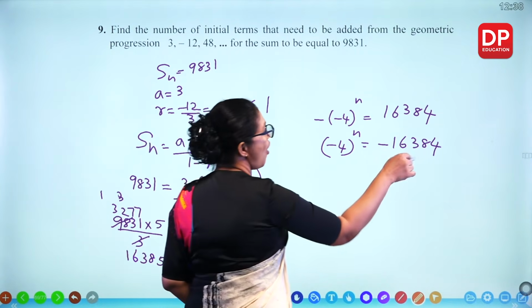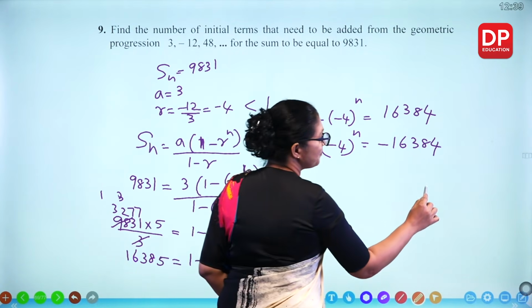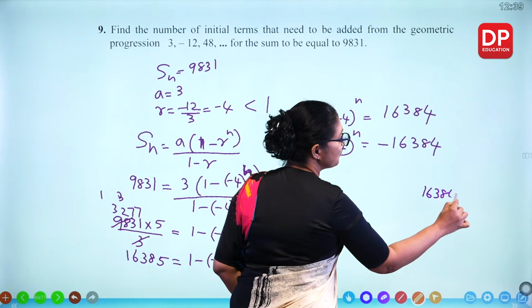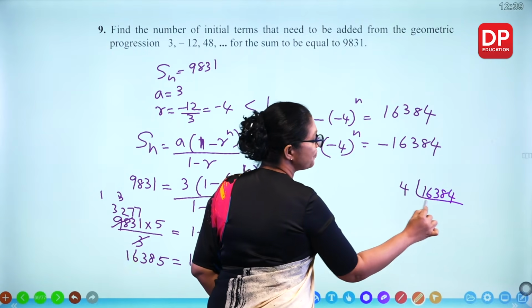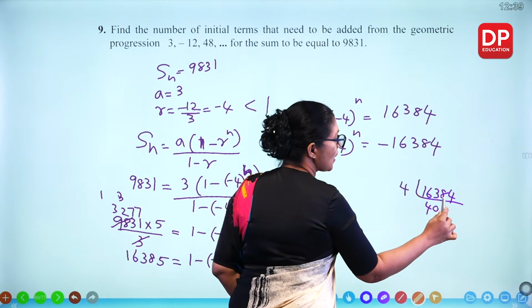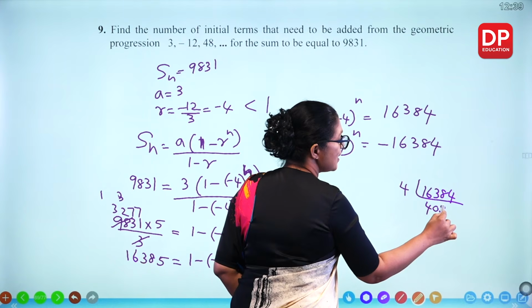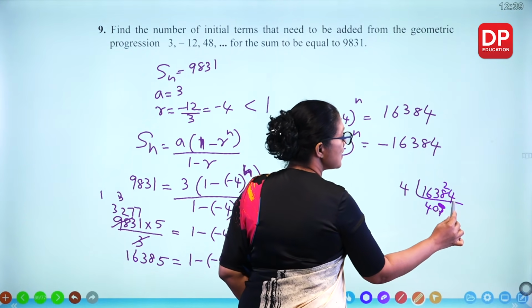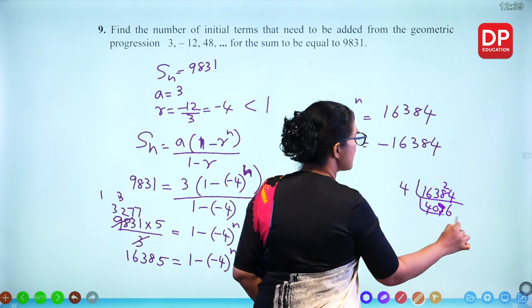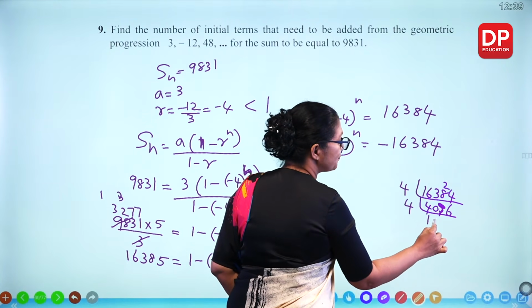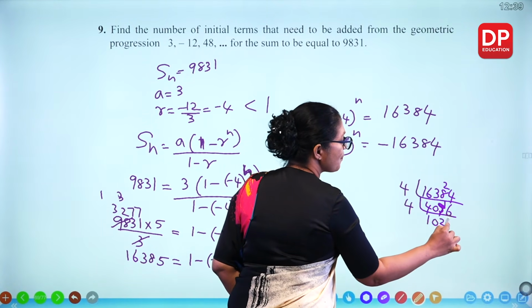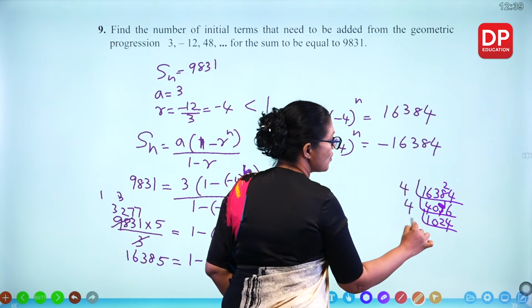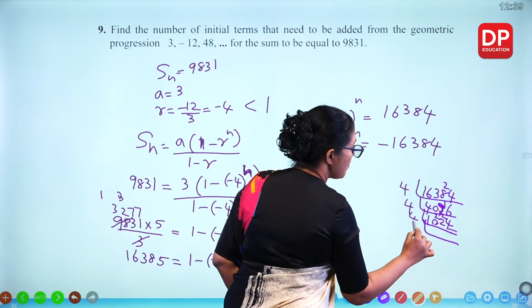So we'll see how many 4s are there. Divide by 4. 4 times 9, 36. Again divide by 4. 1024. Divide by 4. Divide by 4.